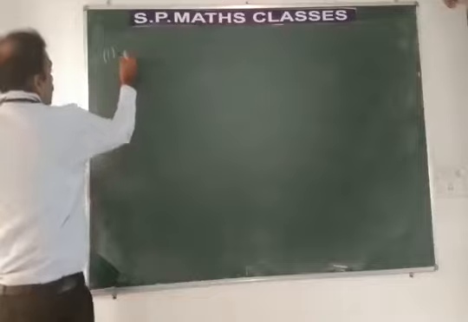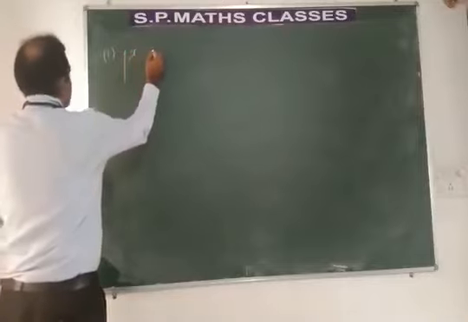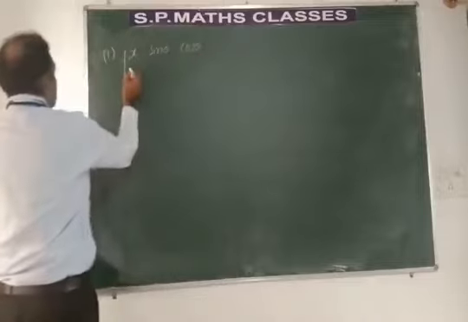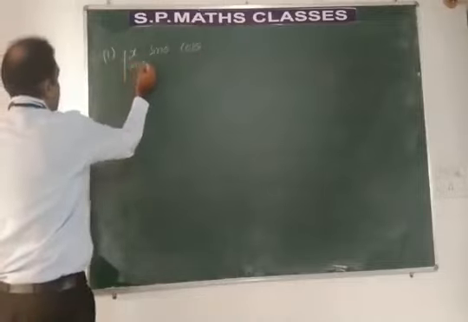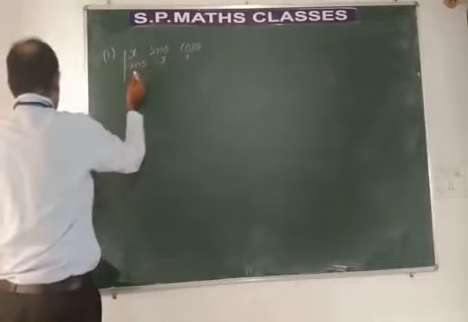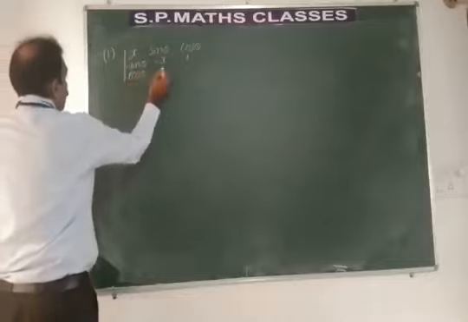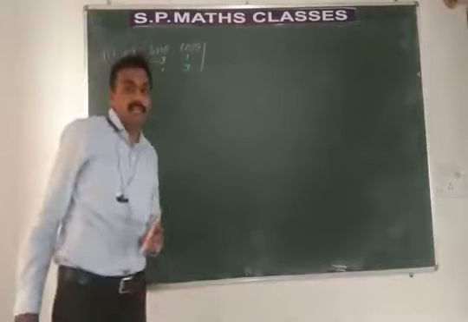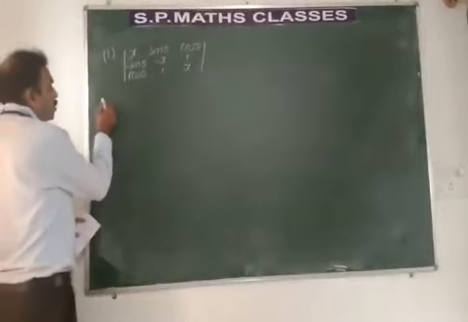First problem, which is the determinant x, sin theta, cos theta; minus sin theta, minus x, 1; cos theta, 1, x. I have to show that this is independent of theta. How to solve this?